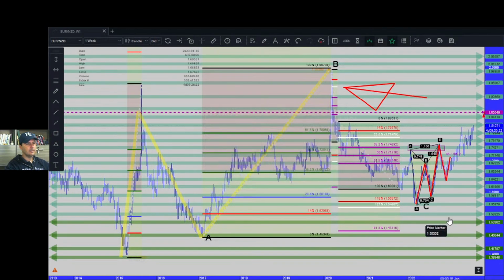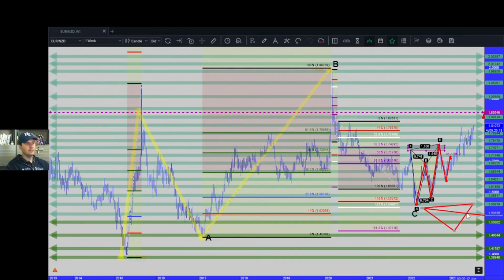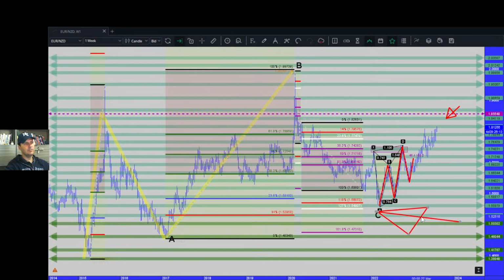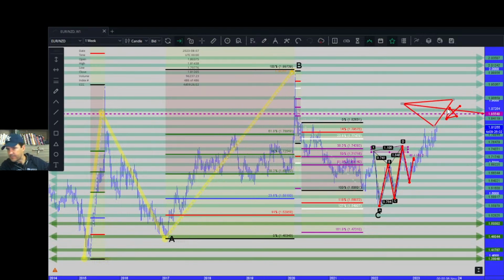It doesn't matter. Alright, everybody? The retracement of the daily is the extension. The market is going from C to the D. Right? Extension, retracement, extension.